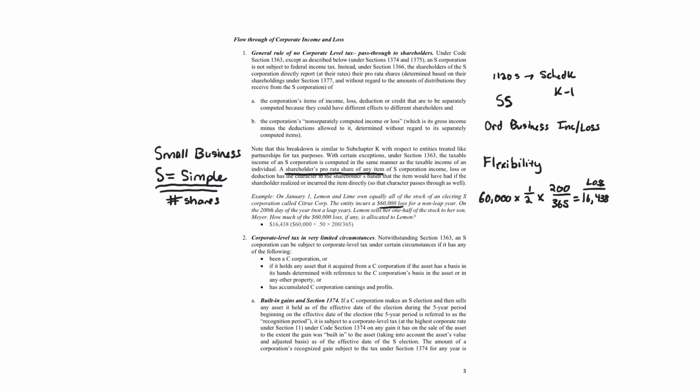Okay, so now let's go on to corporate level tax in very limited circumstances. Again, the general rule is that S corporations have one level of tax. However, there are some unique situations where an S corporation is subject to double taxation, just like a C corporation.